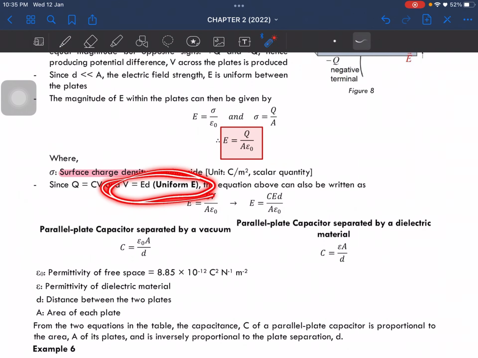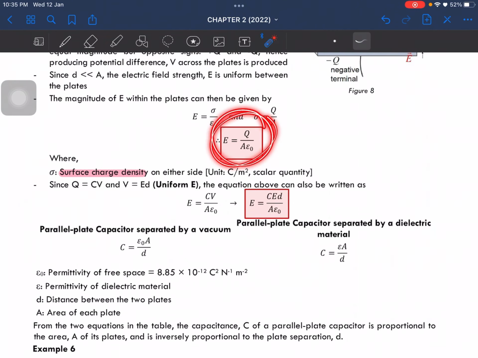This is only valid for uniform electric field strength. So the equation can also be written as this one here, and you can use either equation.